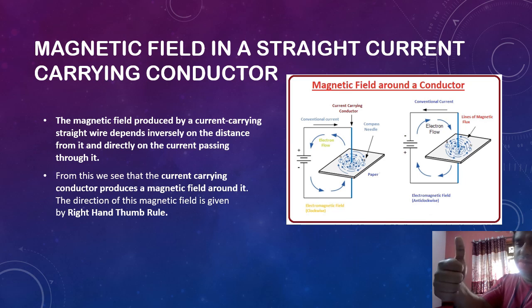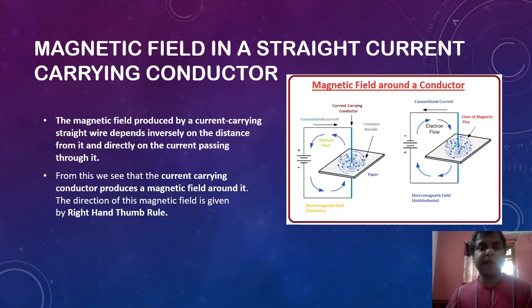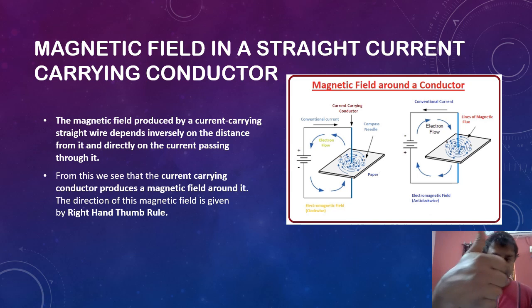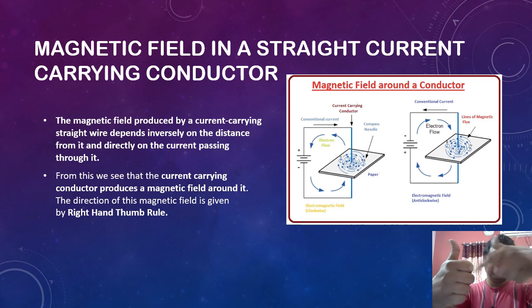So if you hold your right hand clenched this way, the thumb shows the direction of the current, and your curved fingers show the direction of the magnetic field.